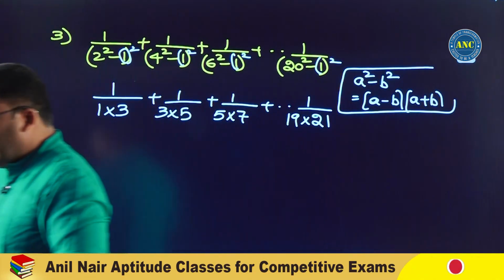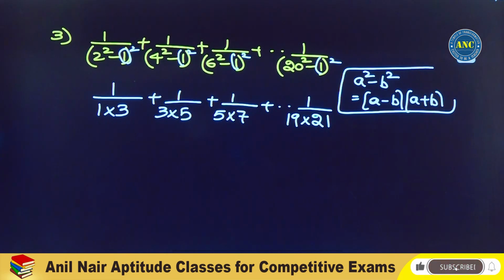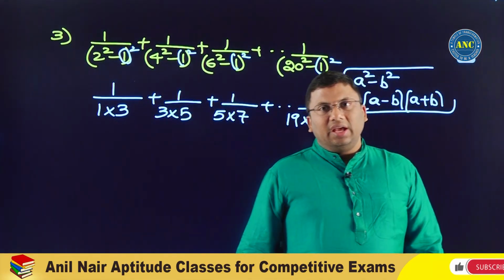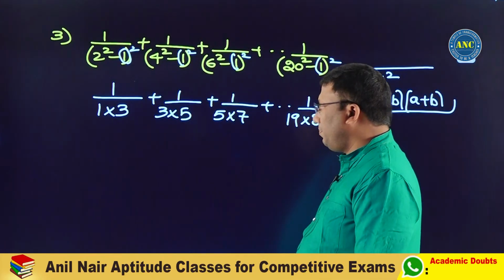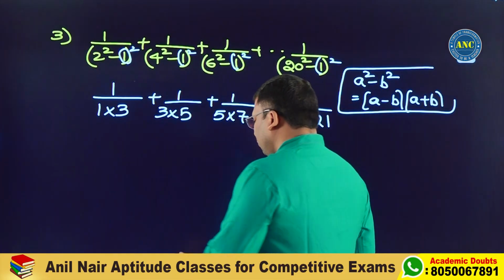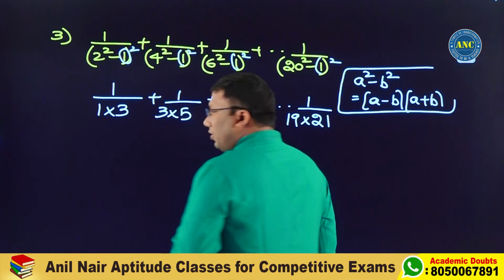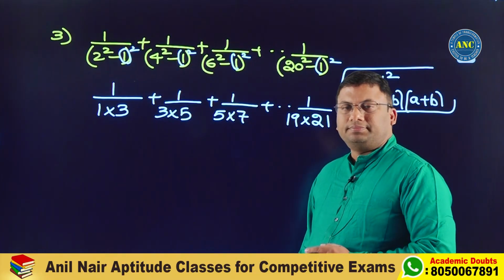I hope the idea is very much clear. A square minus B square is A minus B into A plus B. Now you know how to solve.